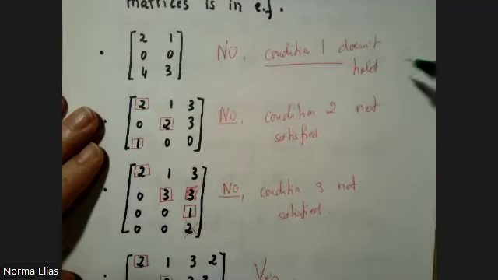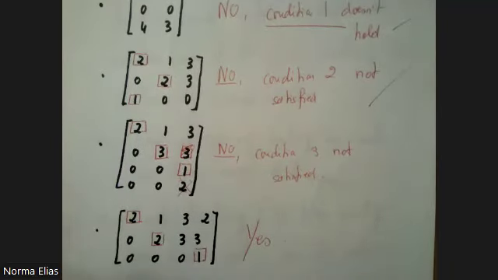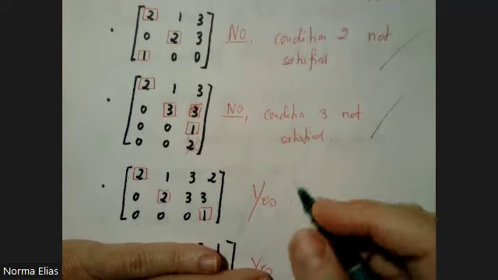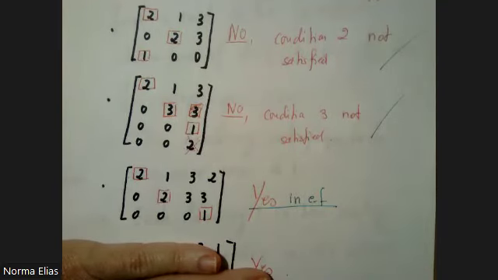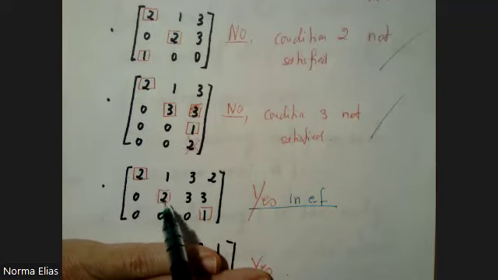First one, it's not in echelon form, so forget it. Second is already not in echelon form, forget it. Third, not in echelon form, forget it. Now, this one is in echelon form. Is this in reduced echelon form? Yes or not? No, absolutely not, because reduced echelon form requires the leading entry to be 1.